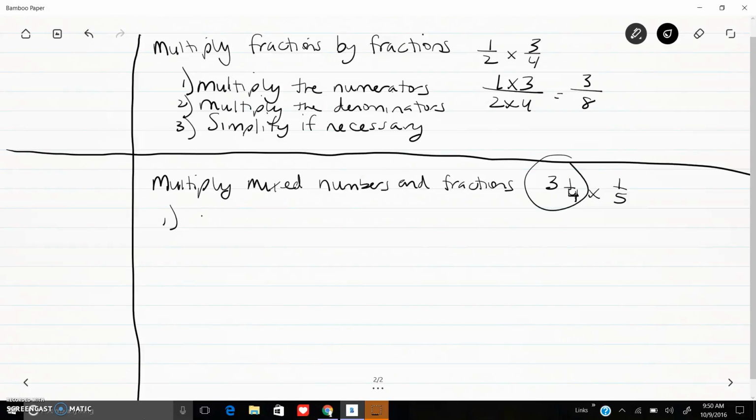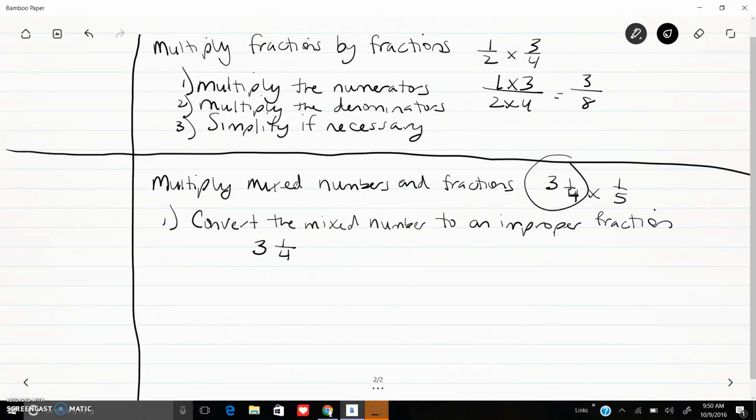So the first thing I'm going to do is convert the mixed number to an improper fraction. And remember, an improper fraction has a bigger numerator. To do that, I have 3 1/4. I'm going to multiply the denominator by the whole number and then add the numerator. So 3 times 4 plus 1, and that's going to go over my denominator. 3 times 4 is 12 plus 1 is 13. So now I have 13/4.